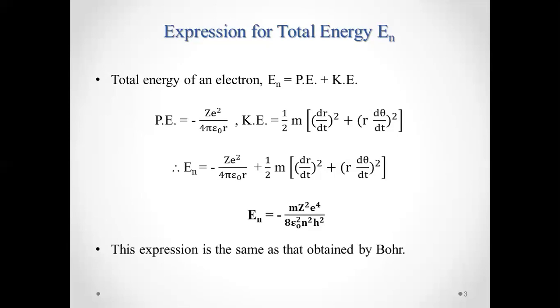As a result, if there is a transition from n equals 3 to n equals 2, only one line is expected, but not three lines as seen in the fine structure. Therefore, Sommerfeld's theory of elliptical orbit, in spite of having two quantum numbers, introduces no new energy levels and hence could not explain the fine structure.